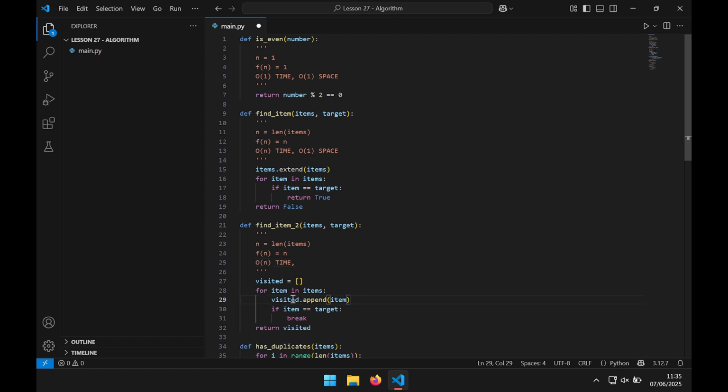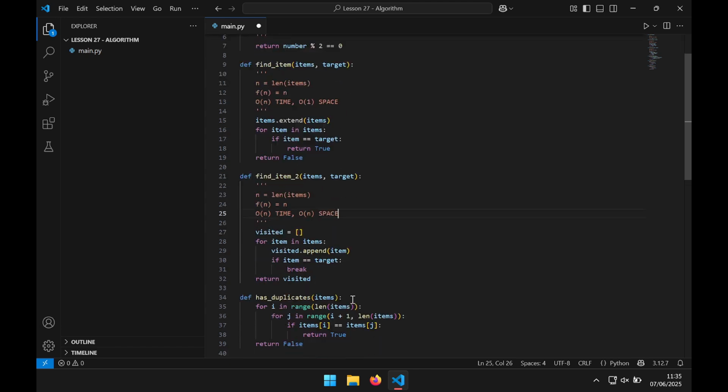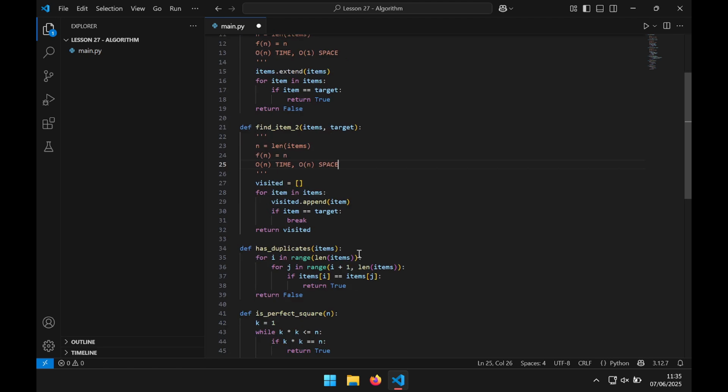Because as you can see, here we append item by item till the end of items, so the big O notation is n also for the space complexity. Nothing else to say about this.